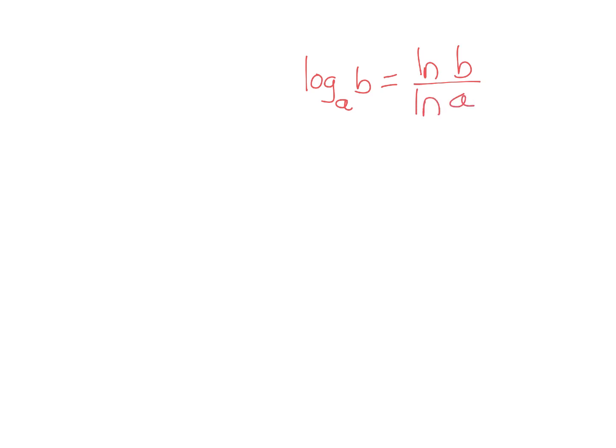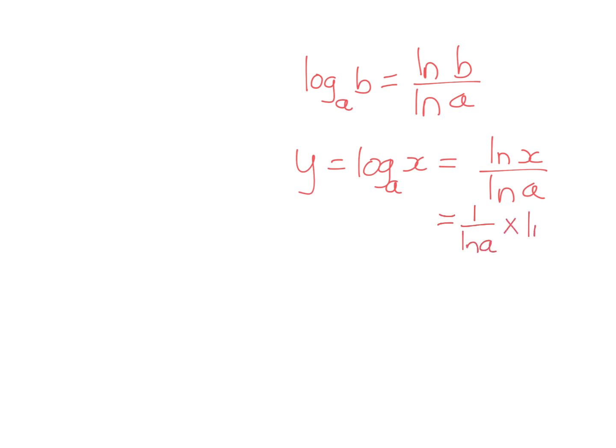So if I want to differentiate something like y equals log of a different base, log base a of x, that's the same as differentiating natural log of x over natural log of a. Making this easier to work with, I can write it as 1 over natural log of a multiplied by natural log of x. So when I come to differentiate it, it's nice and easy because of what we went through on the previous slide.